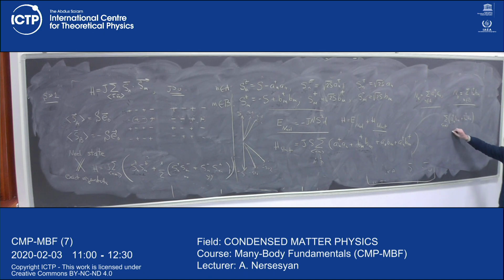In other words, this is a process when N_A is replaced by N_A plus 1, and N_B is transformed to N_B minus 1. Here it is just the other way around. It will be plus here and consequently minus here. But the sum total will be conserved, because I can only regroup the particles between the subgroups, the total number being conserved, right?